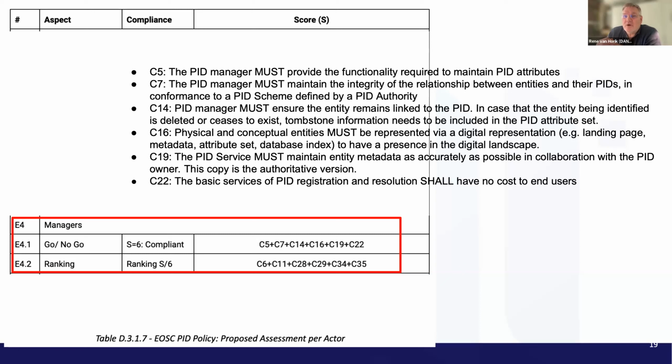And okay, so that is 5 more minutes for me, but I hope this is just the first. So I hope that going from the principle to this proposed assessment per actor in a quite fast way gives you an indication of the methodology behind the compliance assessment.